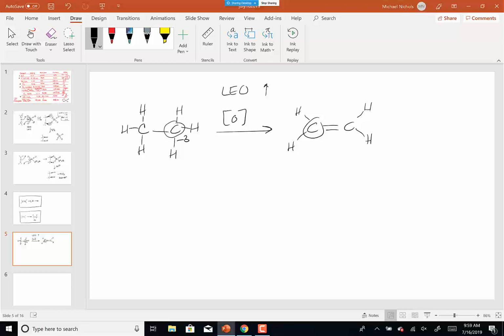Okay, so what is the hydrogen's oxidation number then? +1? I like +1. Okay. Then on the other side, what do we got? Same thing.